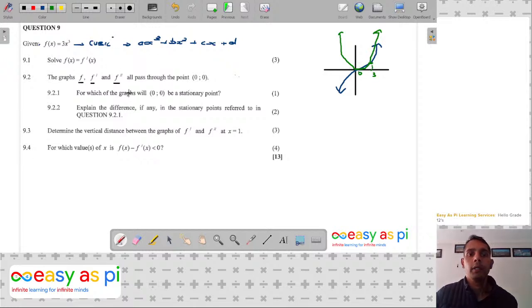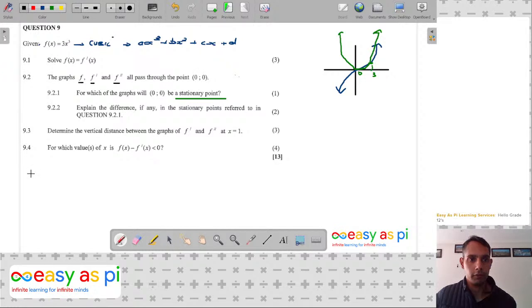Okay, and then they say f double dash passes through the point 0, 0. And then they say in 9.2.1, for which of the graphs will 0, 0 be a stationary point? Now, we need to understand what a stationary point is. So remember, a stationary point is a turning point. It's used interchangeably. All right, and so of course, remember, we need to find the derivative.